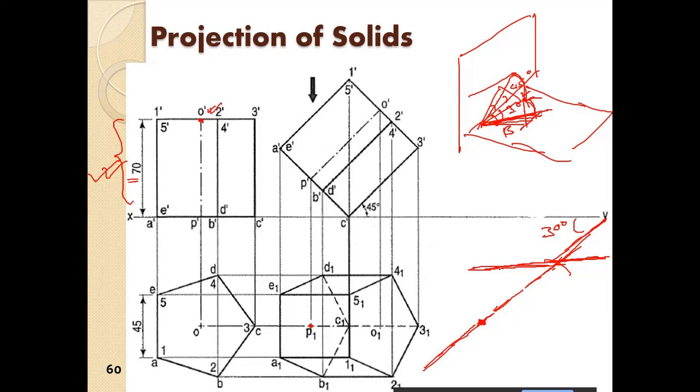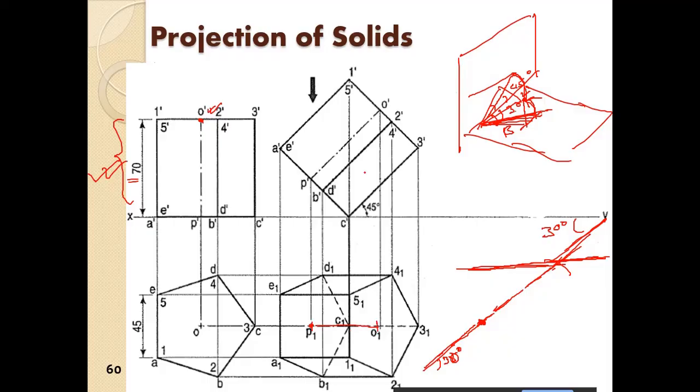Okay, so the O dash point, when we rotate it by this 45 degrees now, we have already considered 30 degrees here, so we have to rotate it by 45 degrees, so it will move along this direction. When we rotate it by 45 degrees, we will get this distance.